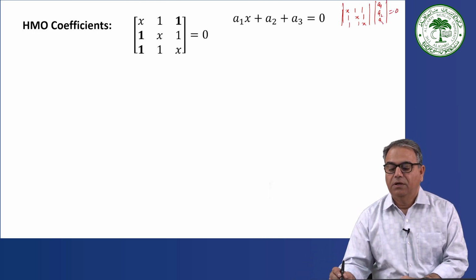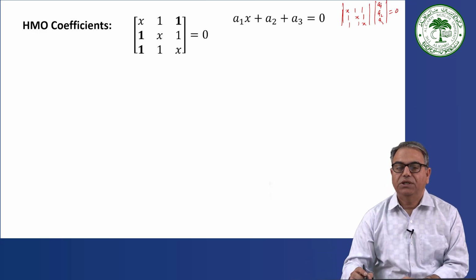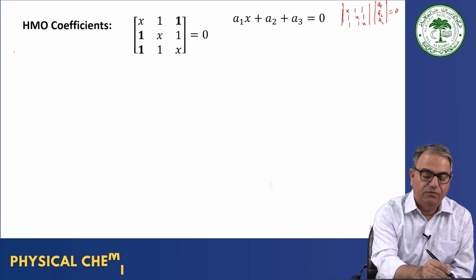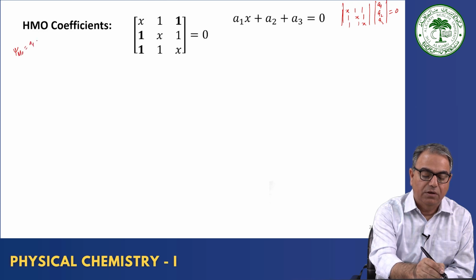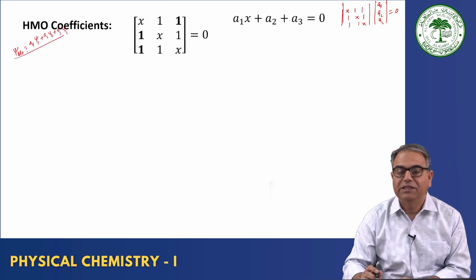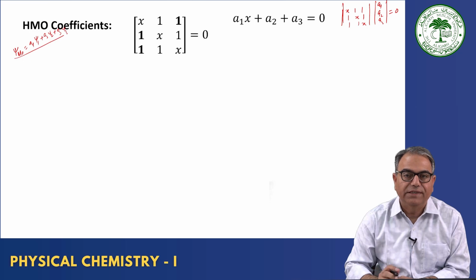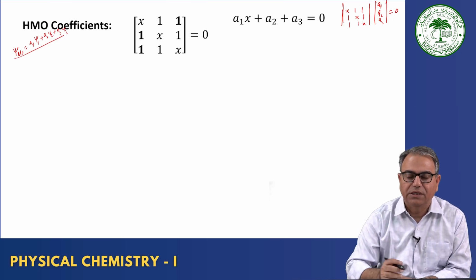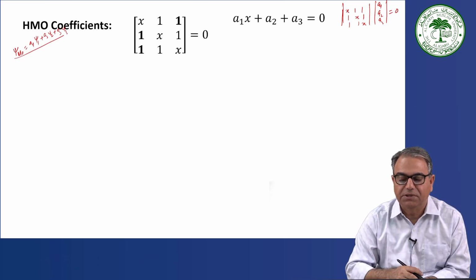These A1, A2 and A3 are the coefficients of the wave function, which you have taken as psi MO is equal to A1 psi 1 plus A2 psi 2 plus A3 psi 3. And then you get the simultaneous equations when you do the variation treatment. That's a story which we did in detail in the variation treatment.